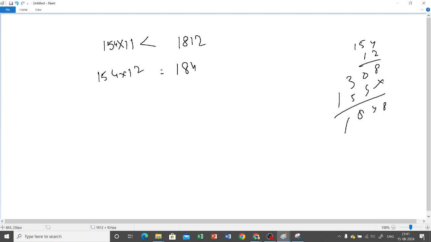It is 1848. So in order to reach 1848 from 1812, what do I need to do? I need to add 36.